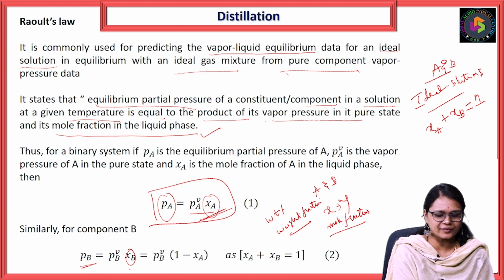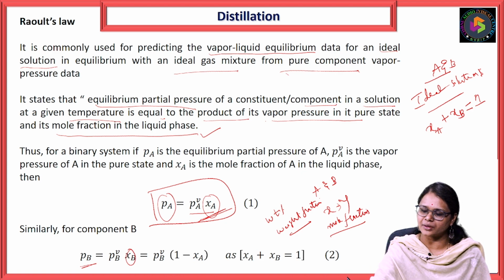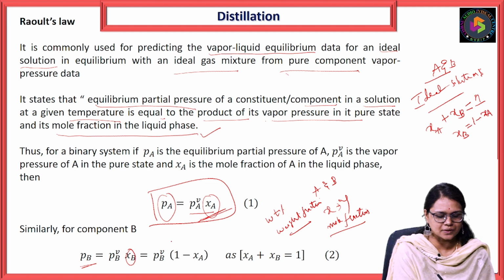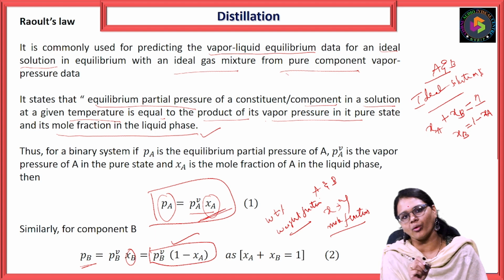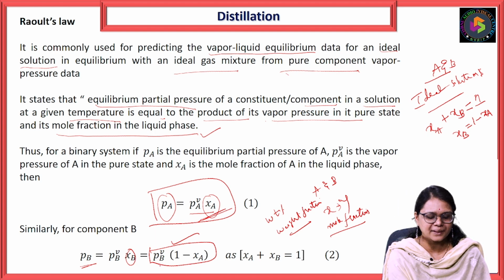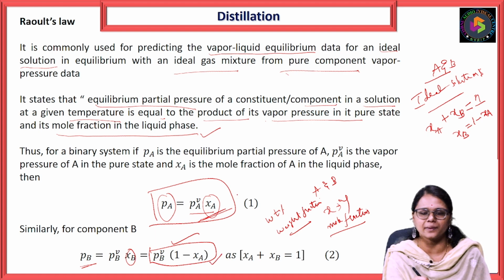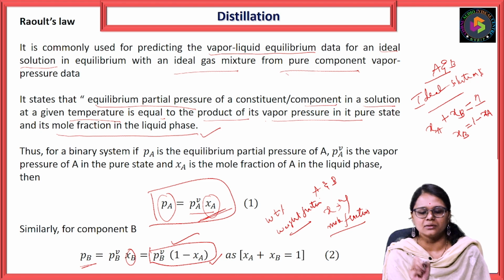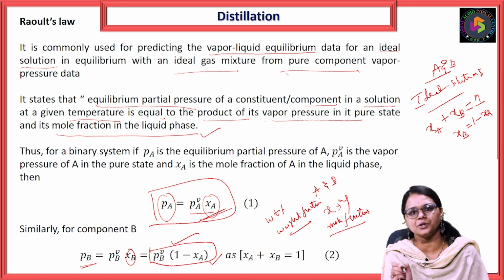So in place of XB, we can write XB equal to 1 minus XA and substitute it here. This is how you can calculate the partial pressure of component B, knowing its vapor pressure in its purest form. So this is for component A, this is for component B. This is a simple formula for the binary mixture.